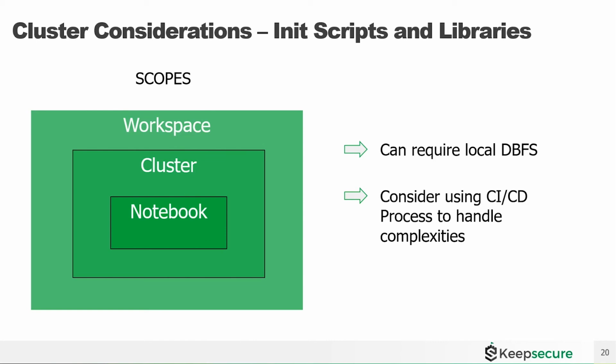And then from a notebook perspective, you can actually have notebook scoped libraries. And this becomes particularly important when you have multiple notebooks that require different versions of dependent libraries. And so you might want to be installing those libraries at the notebook level and not at the cluster level, for example. So again, different automation things that you're going to have to worry about.